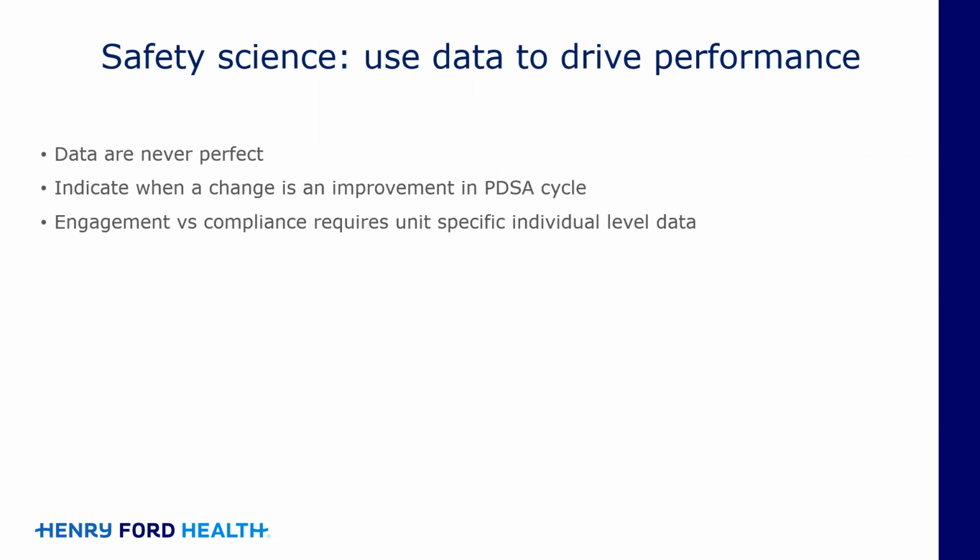When we think about safety science, we have to use some level of data, but we also have to have this mixed method where we use some of these anecdotes or narratives that I talked about, right? The story that I talked about, and everybody has one. The data are never perfect, but they do help you understand when a change is an improvement as part of your PDSA cycle. You need to understand that to get from mere compliance to engagement, you actually have to have unit-specific level data.